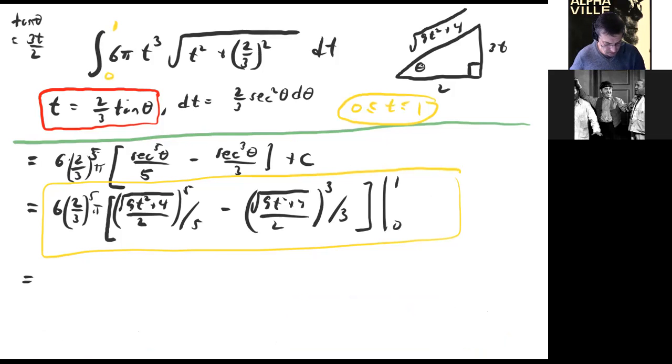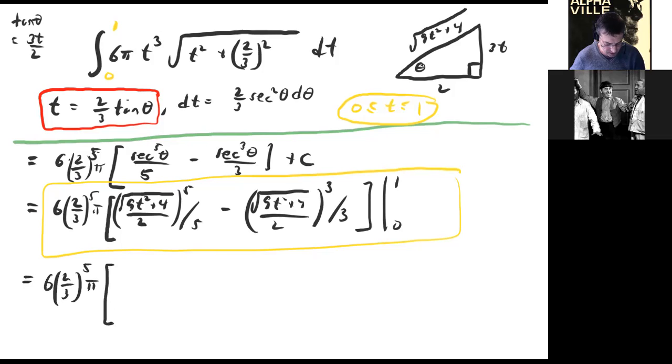Okay, so what a horrible mess this is. I don't want to do this. It's such a pain, but I will do it anyway. Let's see. So 6 times 2/3 to the 5th pi. We plug in 1. What do we get?